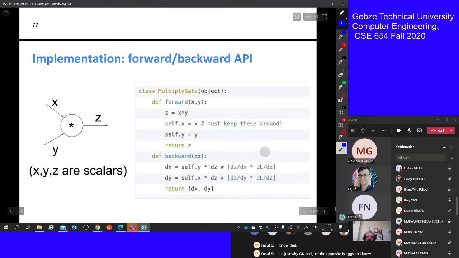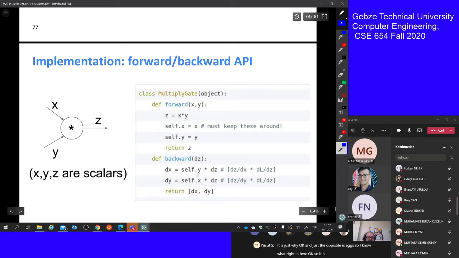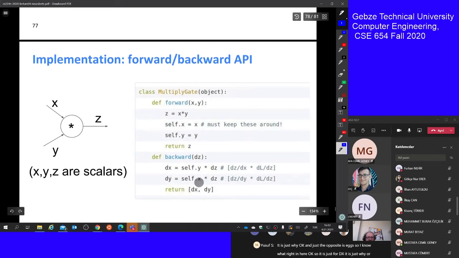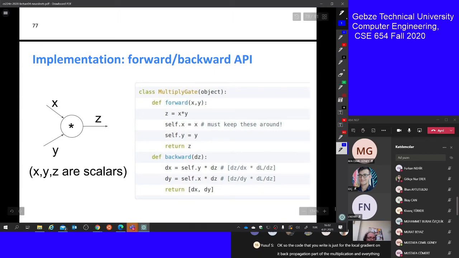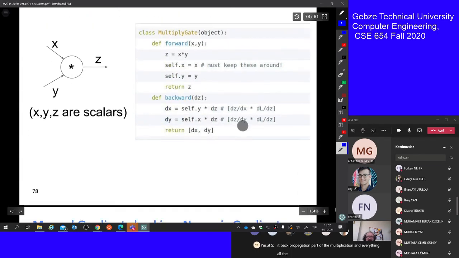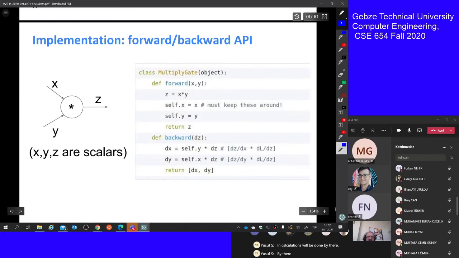So for dx it is just y, for dy it is just x, and I could return it. So the code that you write is just for the local gradient only. In the back propagation part, all the multiplication and all the efficient calculations will be done by the deep learning library.